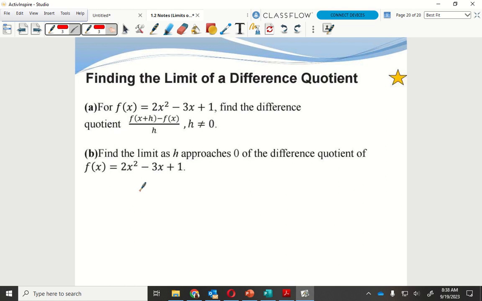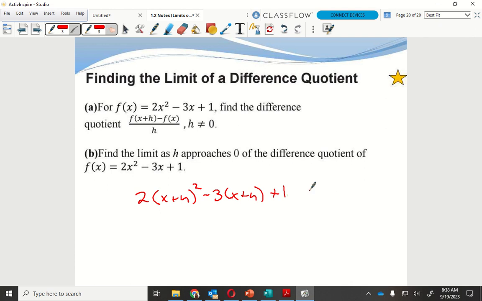So it's going to be 2, and every place that there's an x, I'm going to replace it with what? x plus h. x plus h squared minus 3 times x plus h, plus 1, all over, wait, you have to add it.